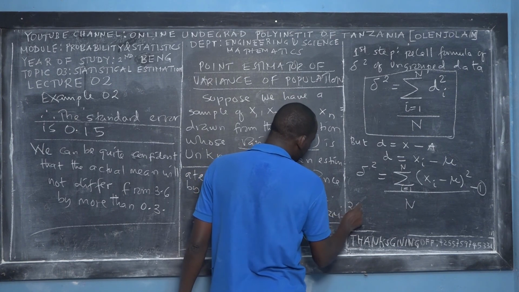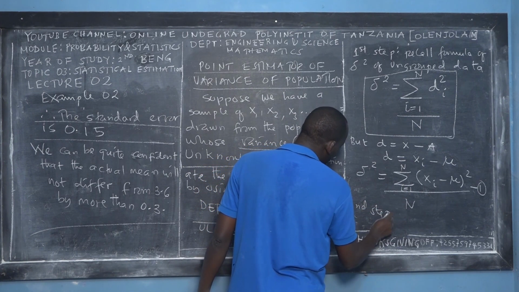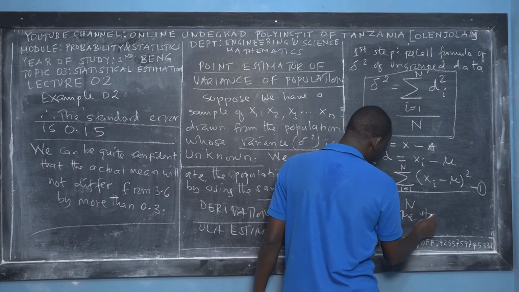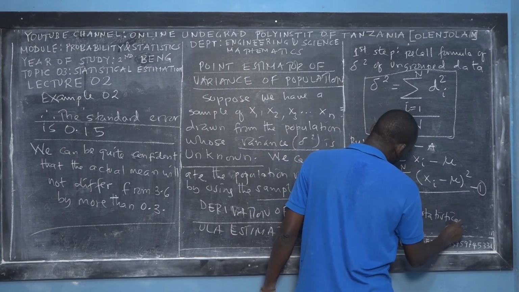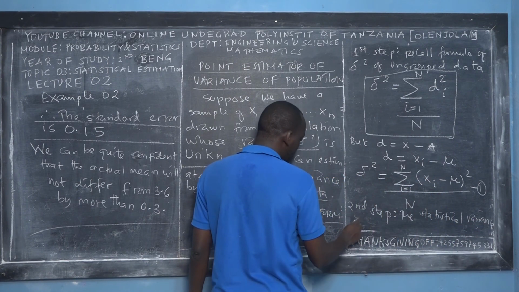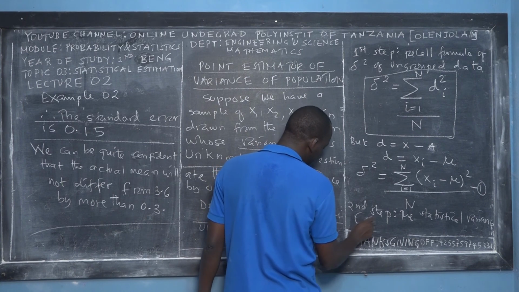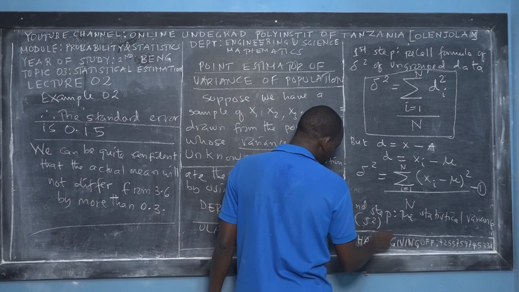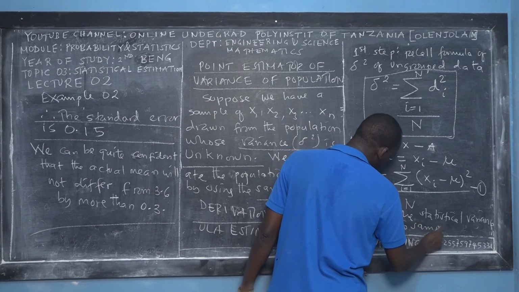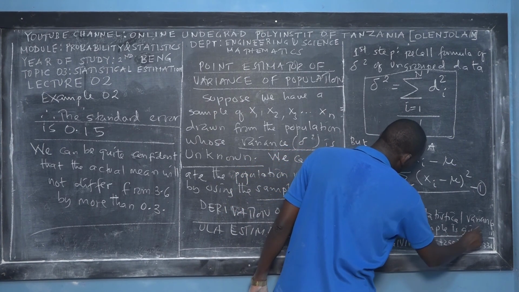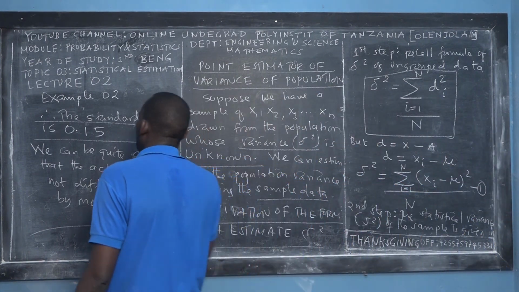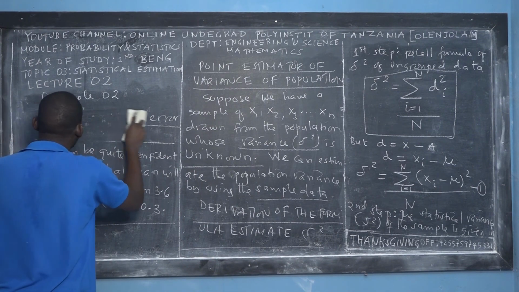So the second step, we say that the statistical variance, which we call S square, the statistical variance of the sample, is given, of the sample drawn from what? From the finite population.